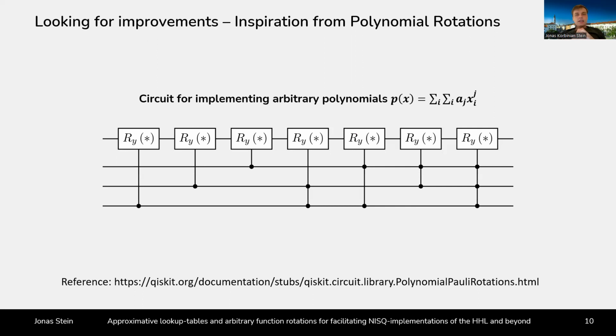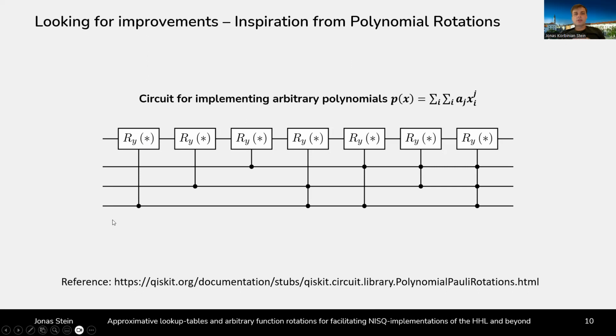And then in the next step, we took inspiration from polynomial rotation circuits, which aren't for arbitrary functions, basically, but for specific polynomials. So let's assume we take in here x1, x2, x3, and we have our ancilla qubit here, and then basically this circuit here can apply arbitrary polynomials on those inputs x1, x2, x3.